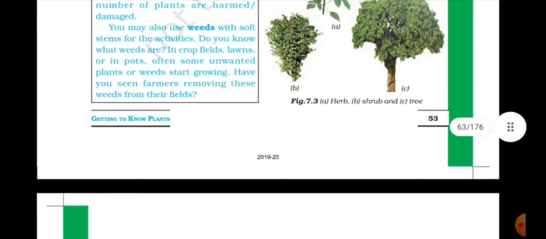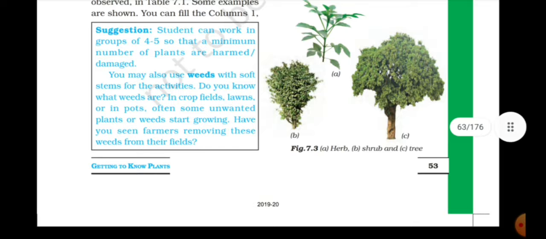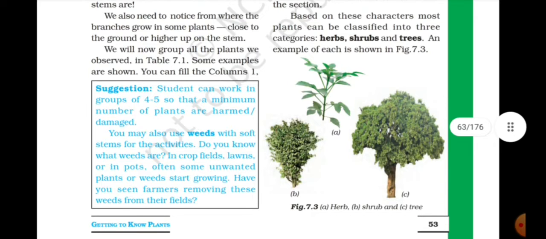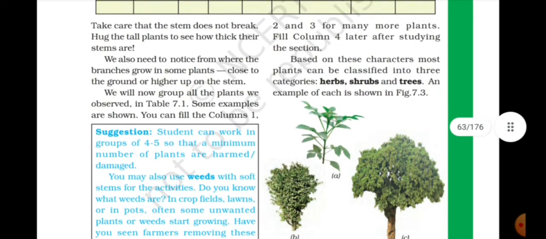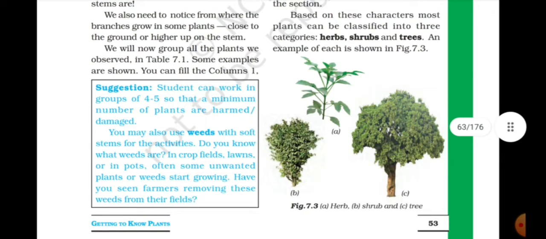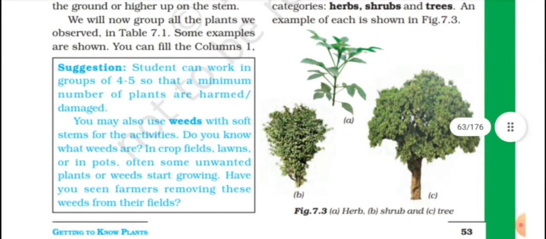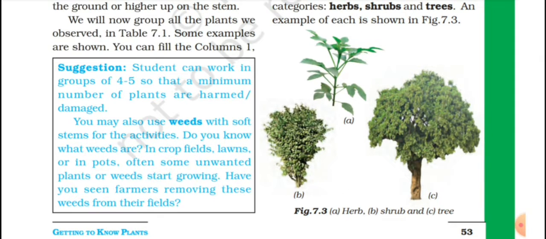So what we do for weeds, we prick it or kill it. Kill it means with pesticides and all. Sometimes you don't want it, so you get rid of it. This is weed. Based on these characters, plants can be classified into 3 categories: herb, shrub and tree. So we have seen already one is tomato plant, one is nimbu means lemon, and one is mango plant.